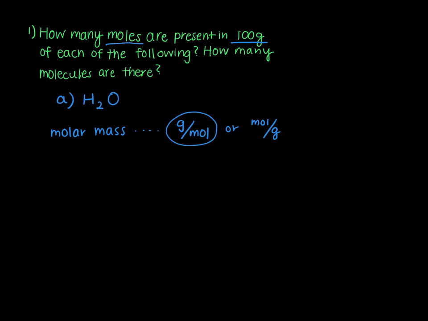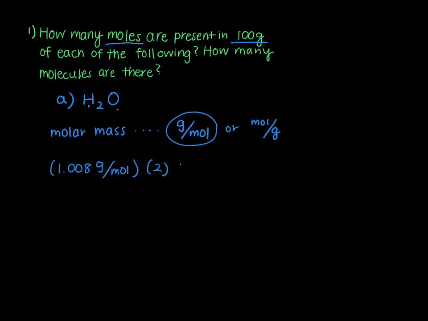So to find the molar mass of water, we go to your periodic table, and then we find the masses of hydrogen and then oxygen. So hydrogen is 1.008 grams per mole. And then don't forget to multiply this by 2 because notice in water we have 2 hydrogen atoms.